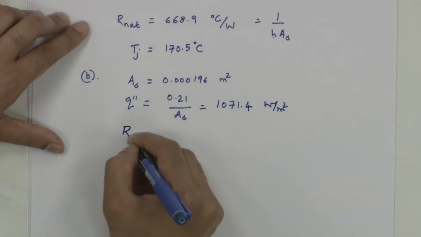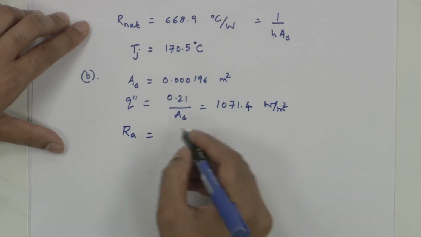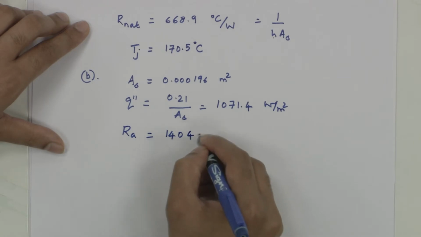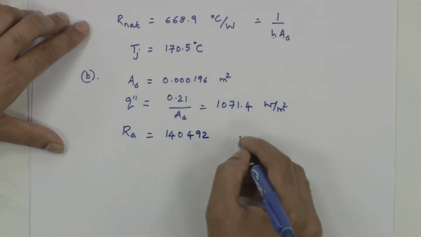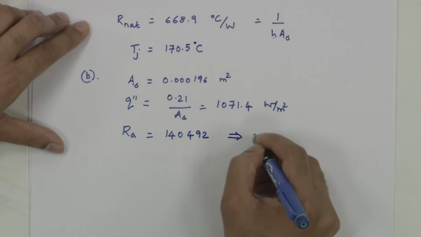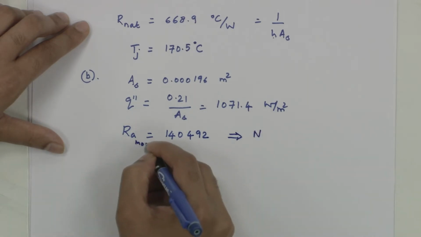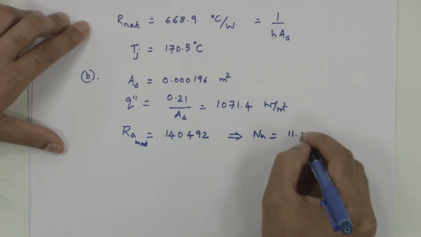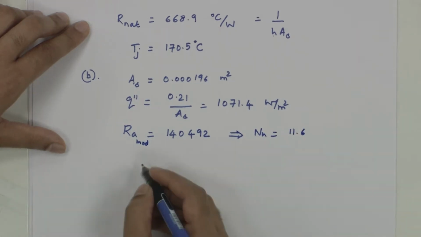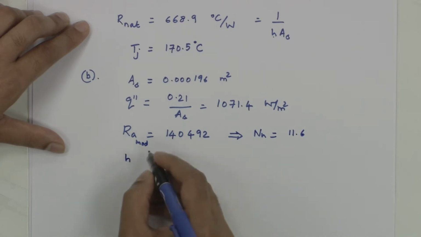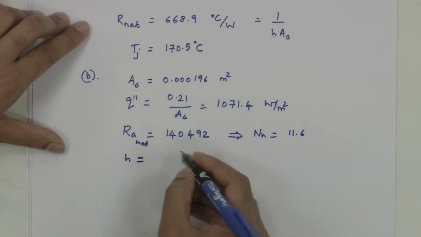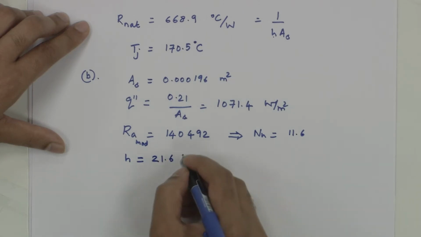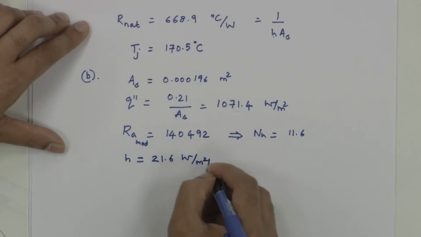So, if I estimate a Rayleigh number, now it turns out to be 140492, and the Nusselt number corresponding to the modified Rayleigh number is 11.6. From this, we can calculate the heat transfer coefficient, that is 21.6 watt per meter square Kelvin.